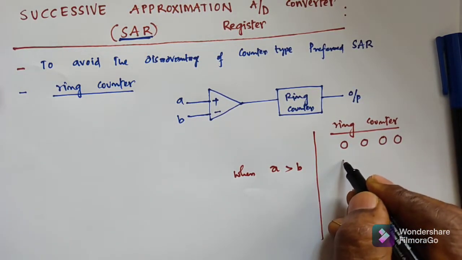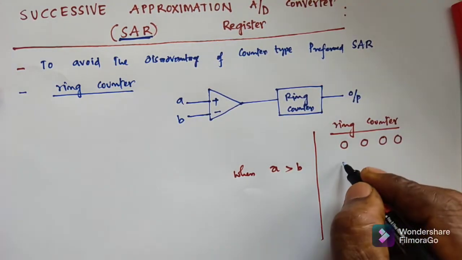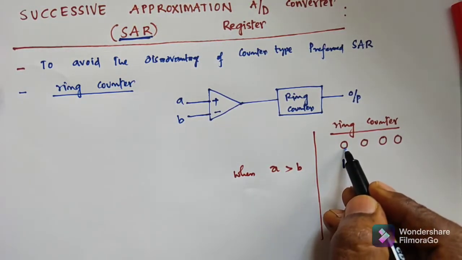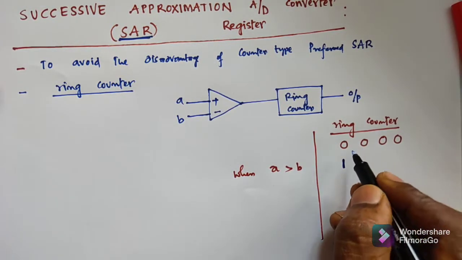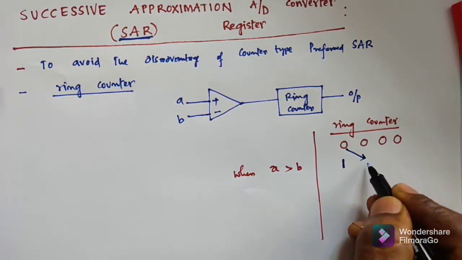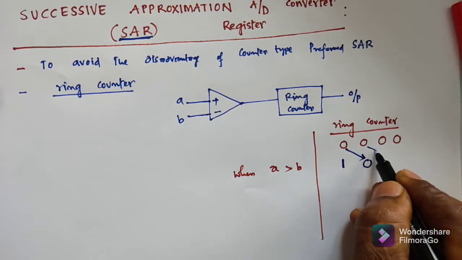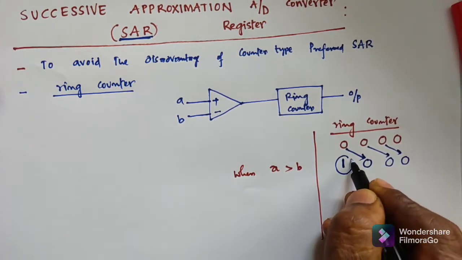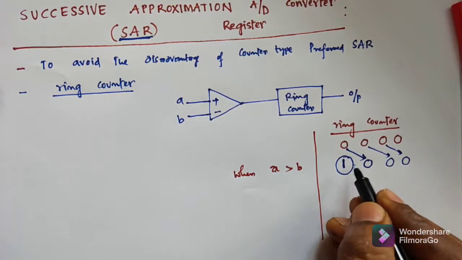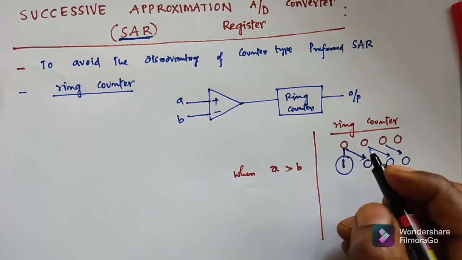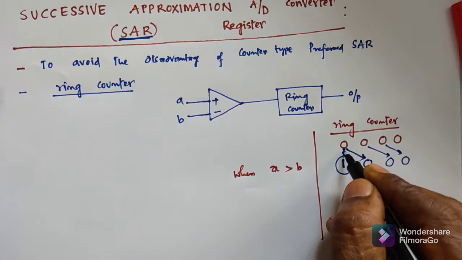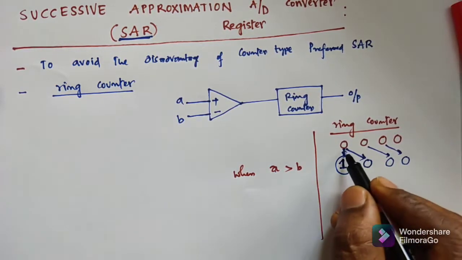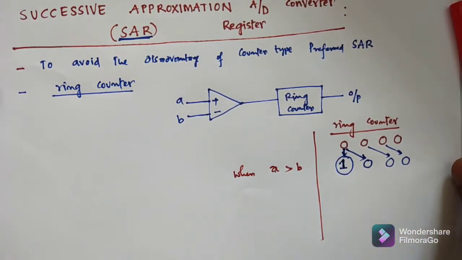This is replaced by 1. If A, the positive input, is greater than B, the negative input, that bit is replaced by 1, and you can shift the present MSB to the next position, with the remaining bits 0. If the bit is 1, then A is greater than B. Here the 0 is replaced by 1 if A is greater than B, and then you can shift.